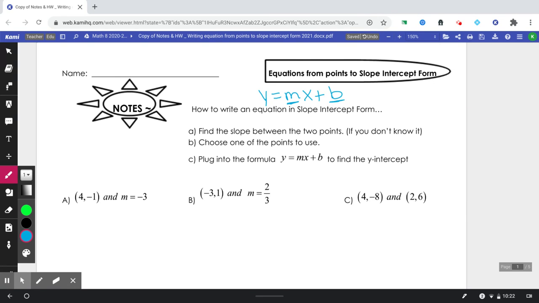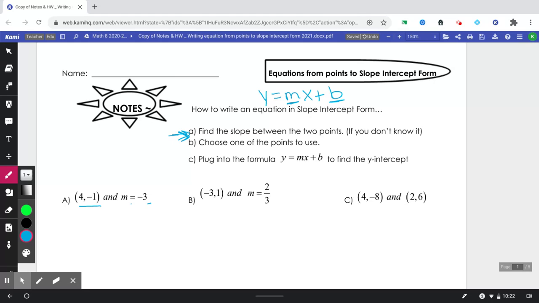So whether you have 2 points or you have 1 point and the slope, these are the 3 steps that you're going to follow to write your equation. Step 1, you're going to find the slope between the 2 points. If you have 1 point and the slope, you already know the slope, so that step is done for you.